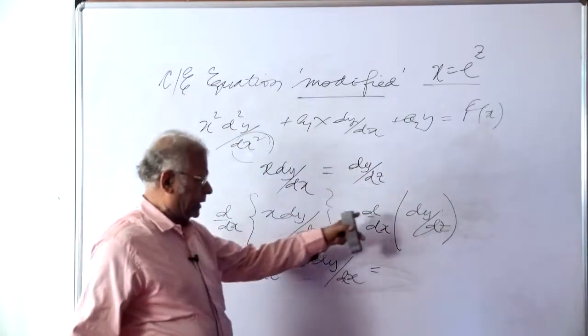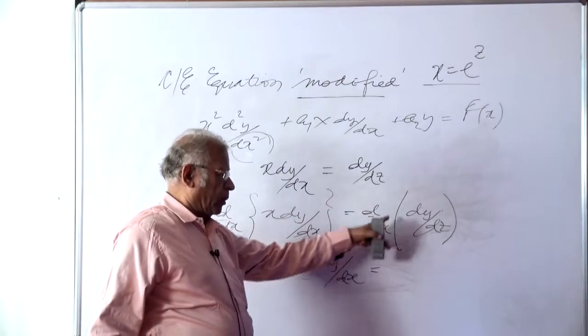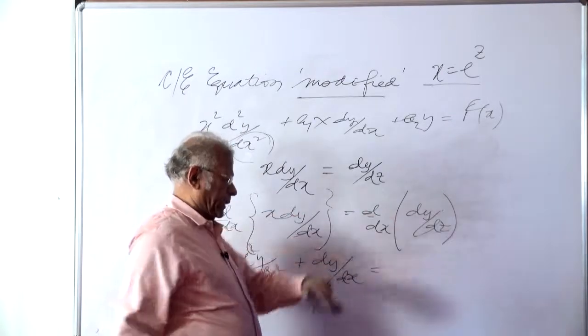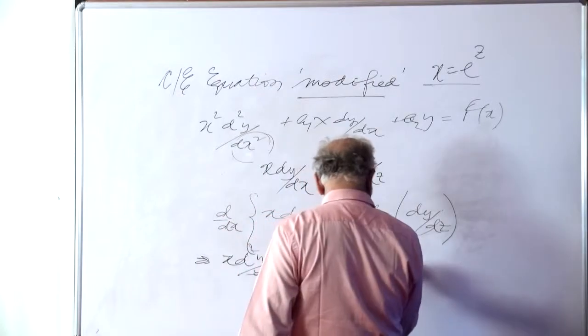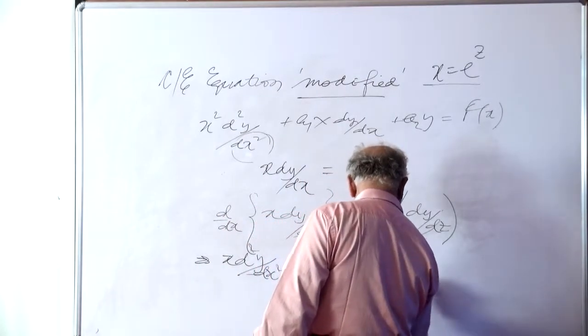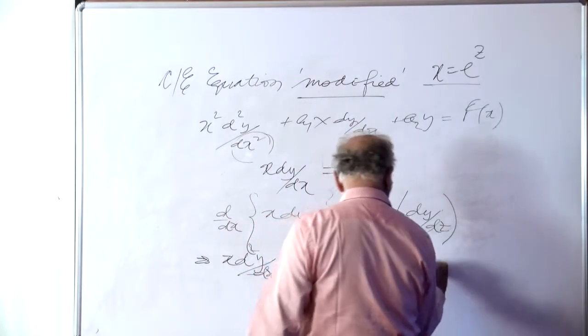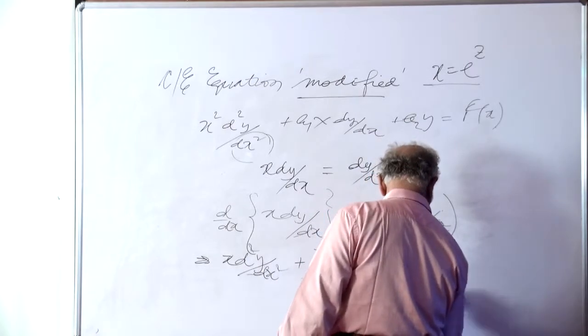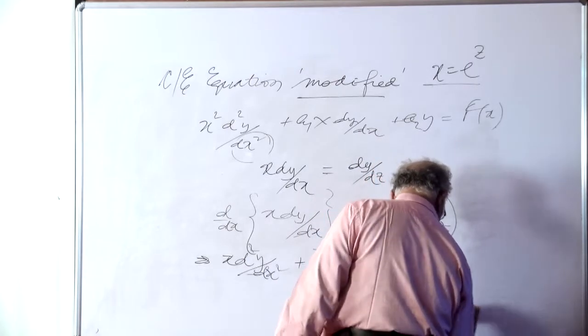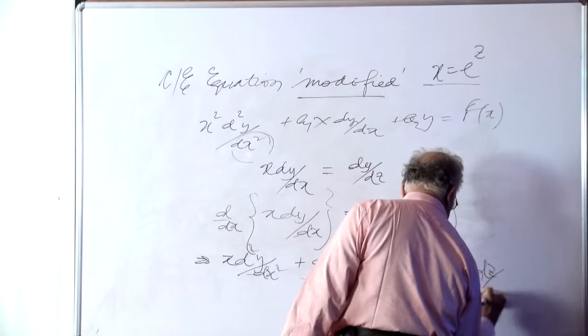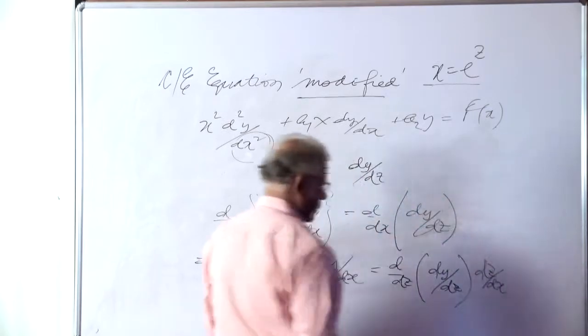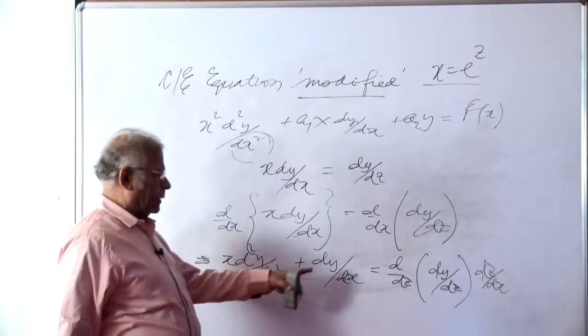That means we can write this as d dz of dy dz into dz dx. So, this we can write as d dz of dy dz into dz dx. So, this is very clear.